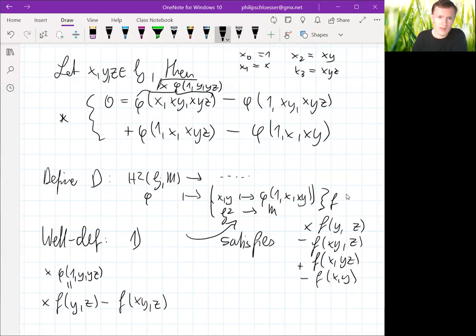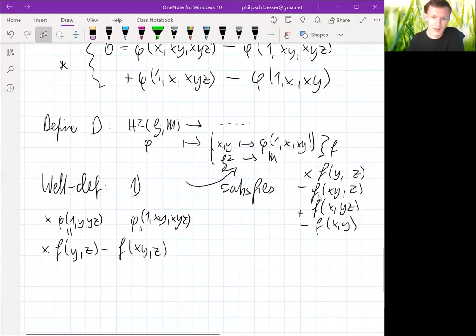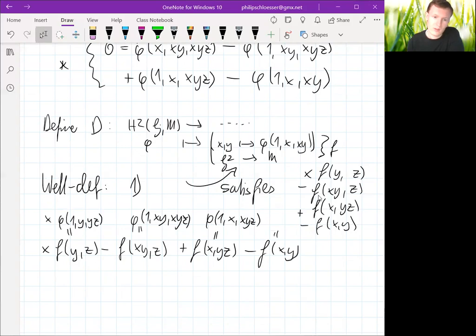Oh, look, that's exactly that expression we had here. And what's that equal to? Well, that's phi of 1, xy, xyz. Oh, look, it's this one here. Okay, and similarly, that one is phi of 1, x, xyz, and this one is phi of 1, x, xy. And we see that this is 0 exactly by what we have derived up here.